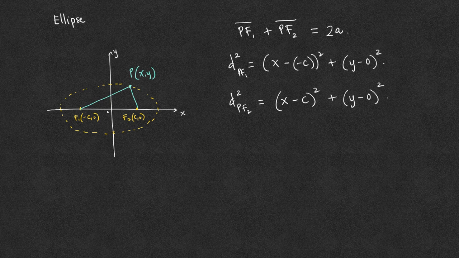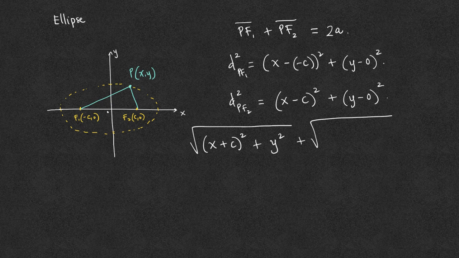And since we were told that the two distances add up to 2a, we must have the square root of the first distance, which simplifies to the square root of x plus c squared plus y squared, plus the square root of the second distance, which is x minus c squared plus y squared, equals 2a.